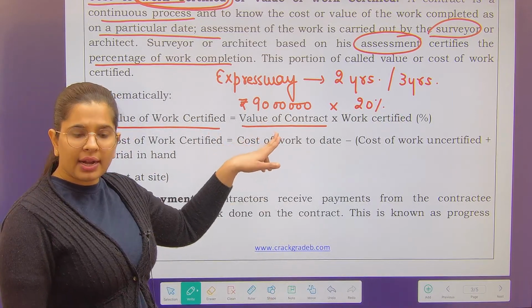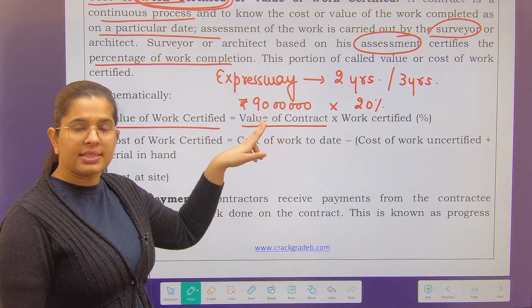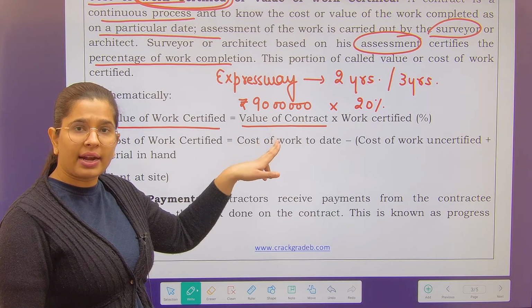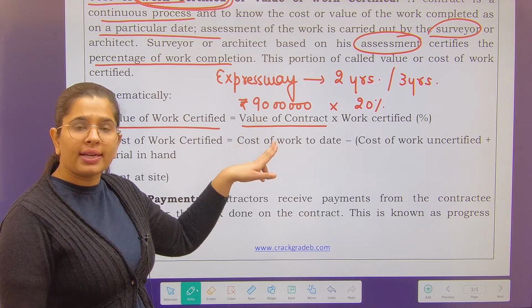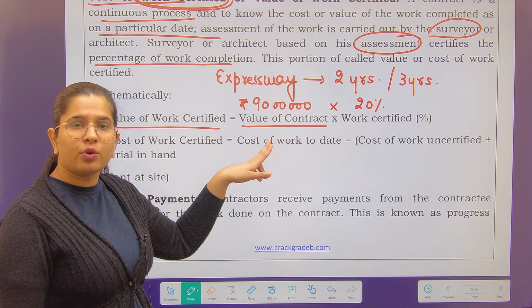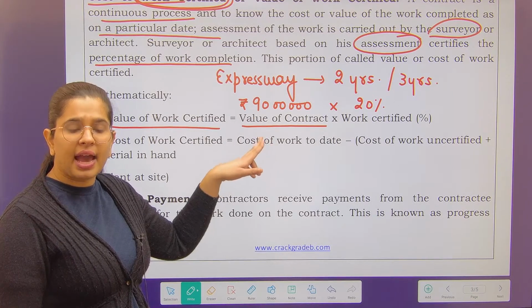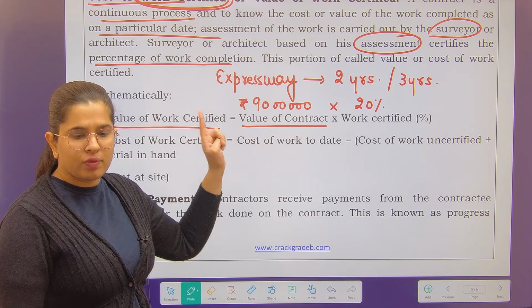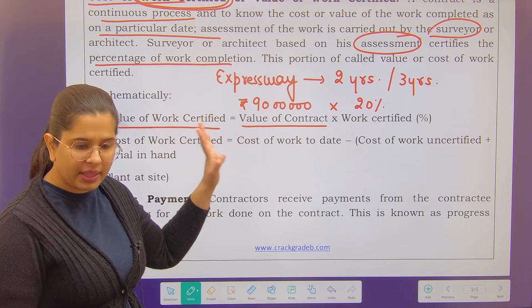The value of contract is what? 90 lakhs. This has been decided between the contractor and contractee. The contractee said that if you complete the road between Jaipur and Agra, then I will give you 90 lakh rupees. So the value of contract has come from there.